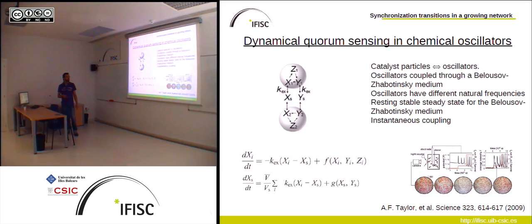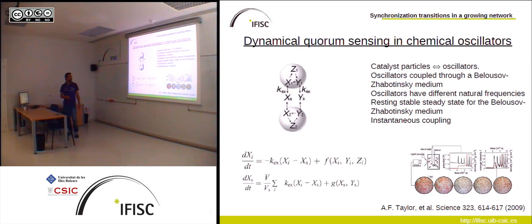So what they found is that using the Belousov-Zhabotinsky with the catalyst particles, they could change how sharp is the transition to the synchronized state depending on the stirring of the system. They used stirring to move the catalyst inside the Belousov-Zhabotinsky medium.